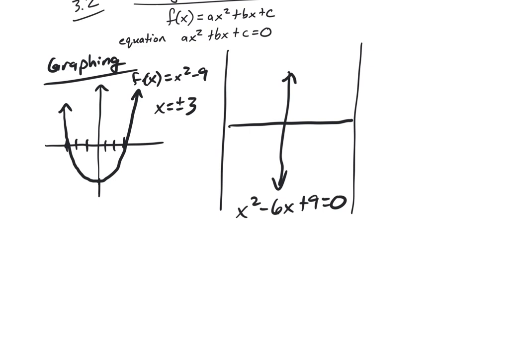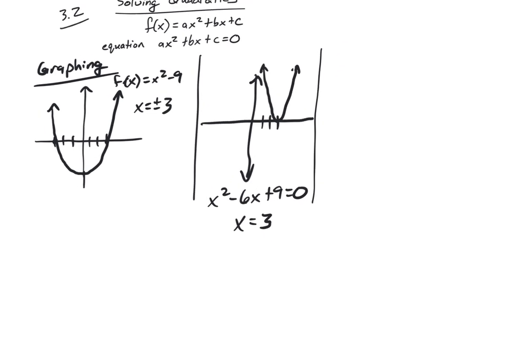Okay. If I were to graph this one, there's nothing wrong with putting x equals 3. So you don't have to have two solutions. A parabola, a lot of times, will cross the x-axis twice, but it doesn't have to. In this case, it comes down, hits it at 3, and comes right back up.